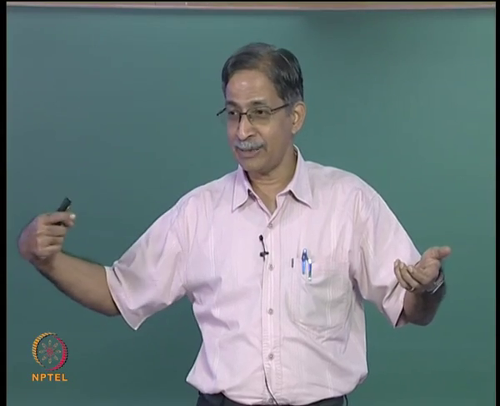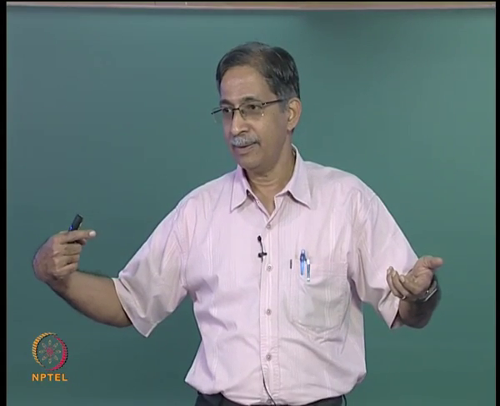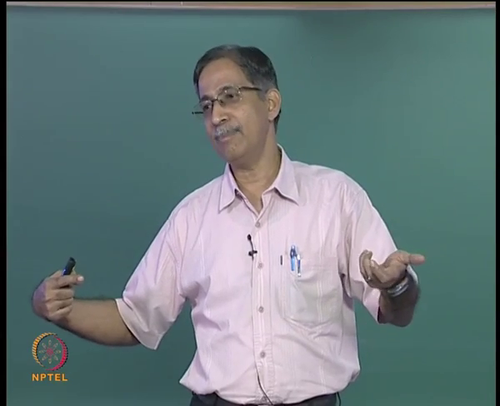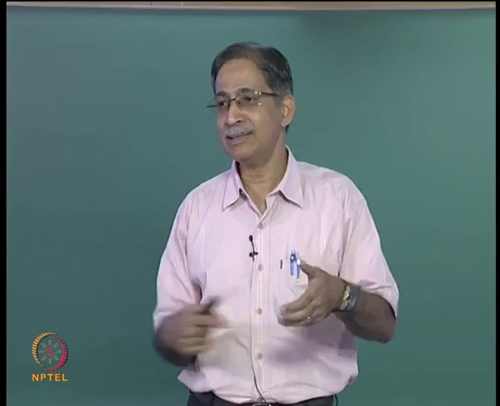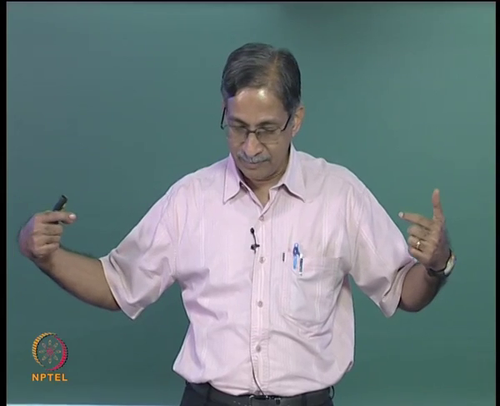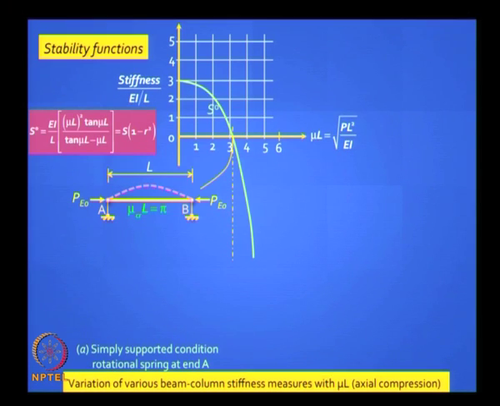If my axial force is the critical buckling load, then I can really play with it like plasticine, because it yields completely, so the stiffness drops to 0. Is it clear? If I am applying P, which is a small value, then I really don't have to worry, because you see it's kind of tangential at that initial value. Can you see this? So I need to really worry only if mu L crosses 1, because otherwise I can really ignore. So I take a call on when I can ignore and when I cannot ignore.